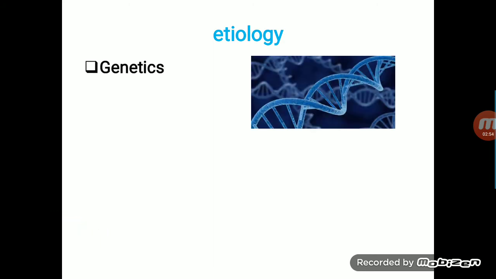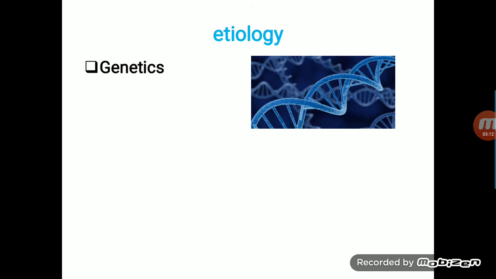Now coming to the etiology, the first one is genetic factors. In the genetic factors, they say that monozygotic twins have a higher chance of getting affected as compared to dizygotic twins, and siblings of a person diagnosed with ADHD in the family have a higher chance of getting affected.